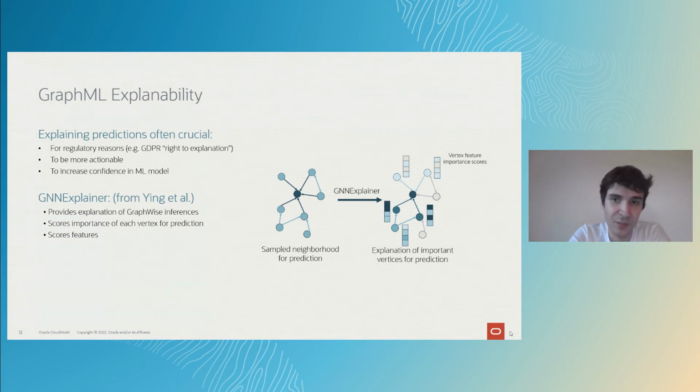Here it can help people to actually understand what next step they should take. And in general, it can also help to increase the confidence in the model, either at the development stage, for example, to be sure that the model learned something that makes sense, or in production, to look back and be sure that it's generalizing well.